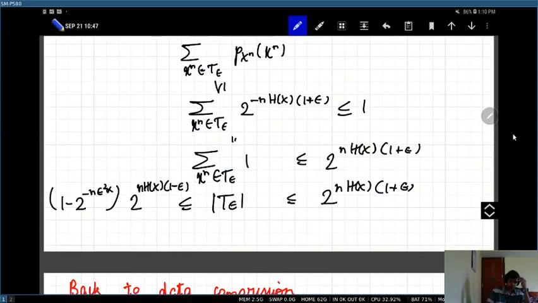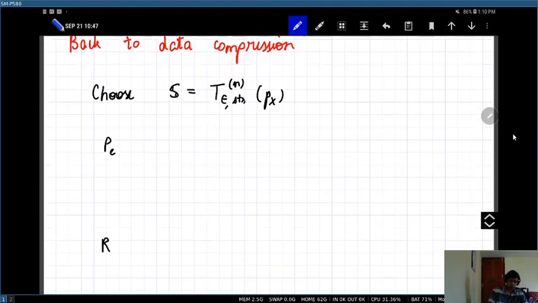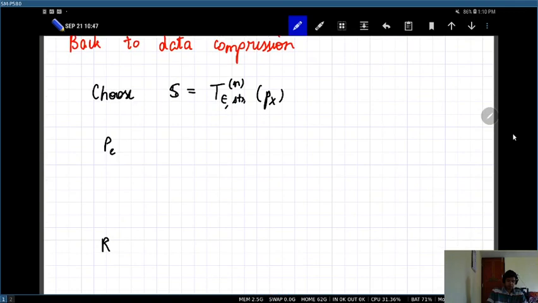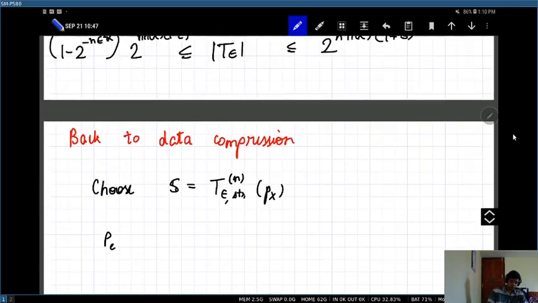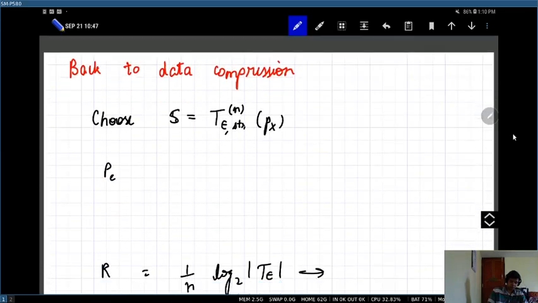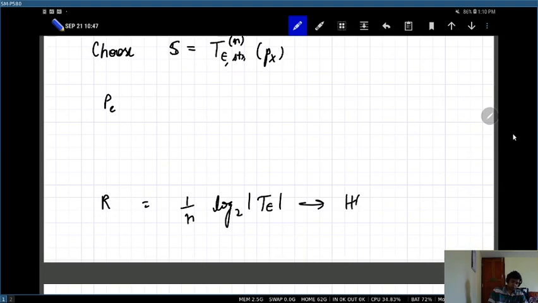Okay, so this gives us very tight bounds, and in particular it tells us that if we choose the set S to be equal to the strongly typical set T epsilon, then the rate, which is 1 over n log of the size of T epsilon, as n tends to infinity, you plug all of this in, then this tends to H(X).